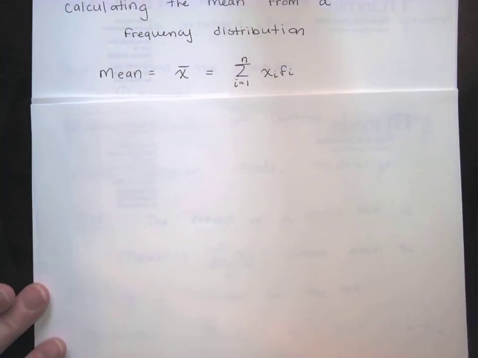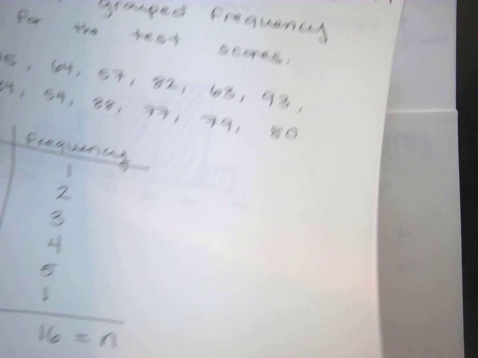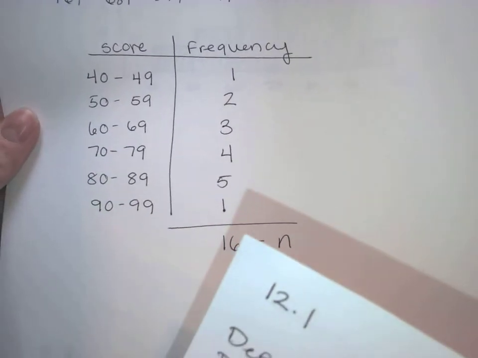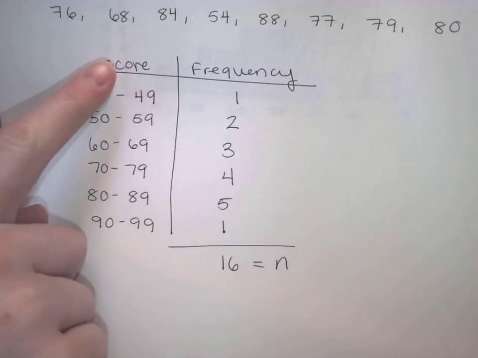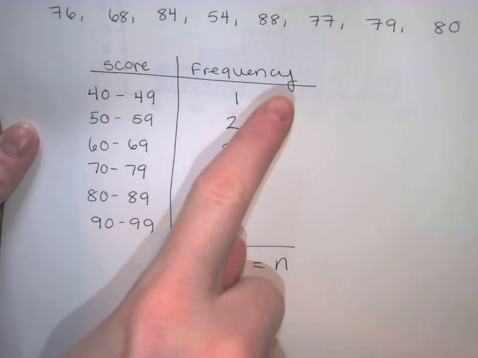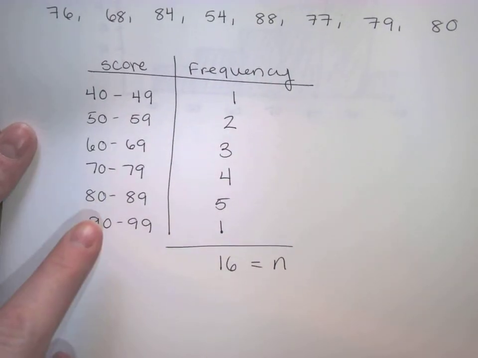Recall from last class the idea of a frequency distribution. A frequency distribution is a table that tells us the number of data items in a particular class.